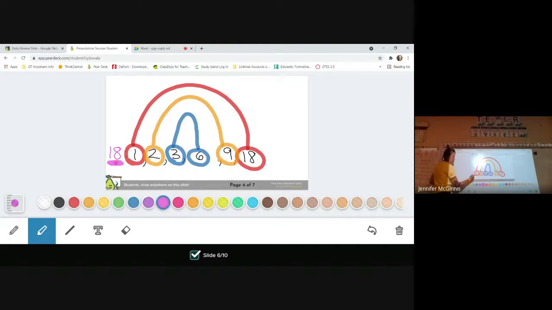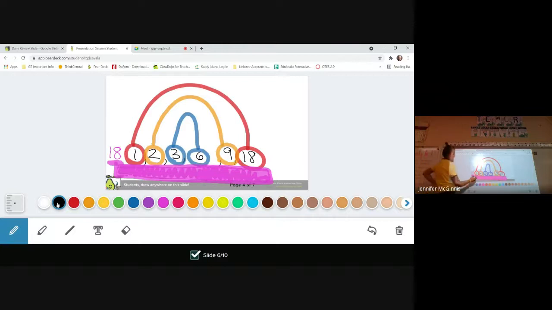Why do all of these numbers go in a rainbow with the number 18, Izzy? Because they're factors of it. When you multiply them together, they equal 18.